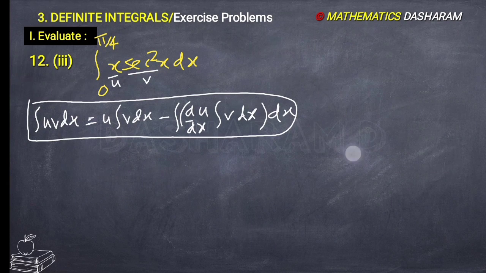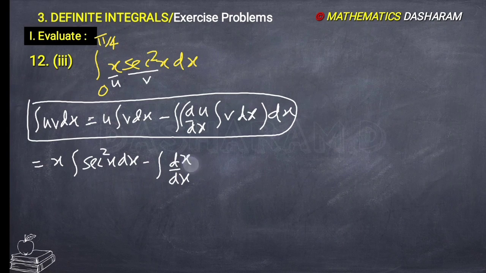Now let's continue the answer. So it is equal to u means x, ∫v dx, sec²x dx, minus ∫[d/dx of x times ∫sec²x dx] dx.